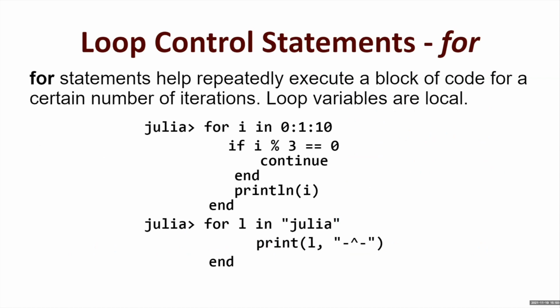And then next is about a loop controlling statement, the for loop. If you know that you have this many iterations to go, and you know where you want to start and where you want to end, it's always a good idea to use a for loop because you have very good control about where you want to start and where you will stop. Like here, the first one, I want to iterate from 0 to 10 with a step of 1, I believe.